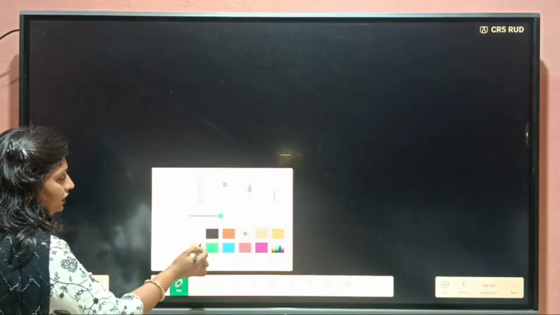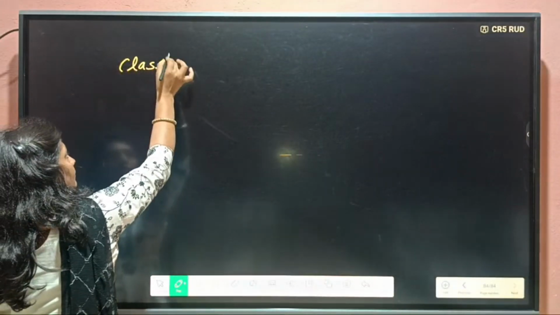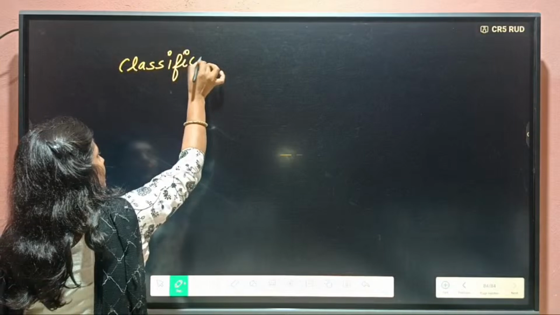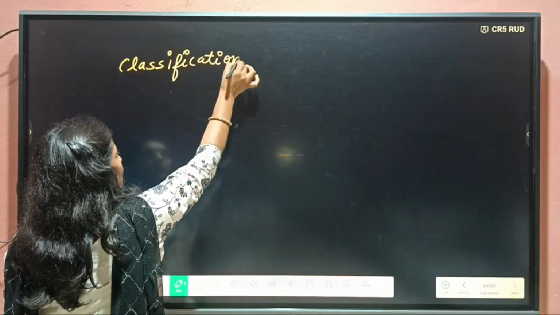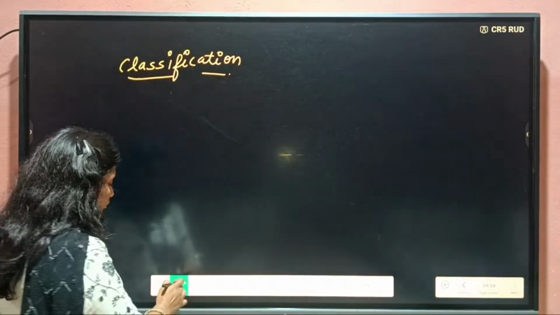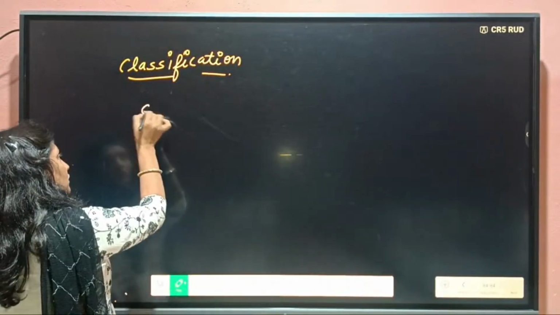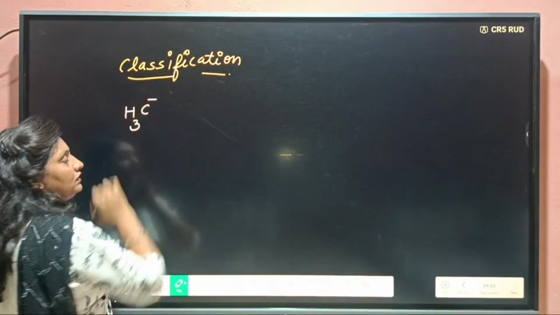you will see the classification. Like carbocation, we can classify carbanion also.